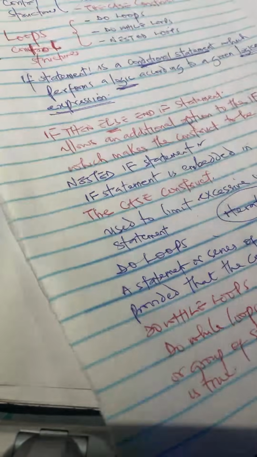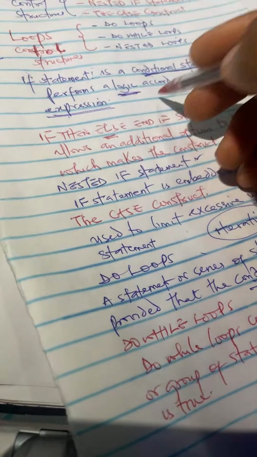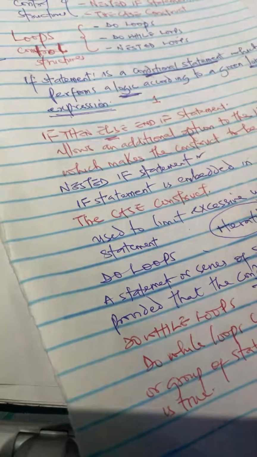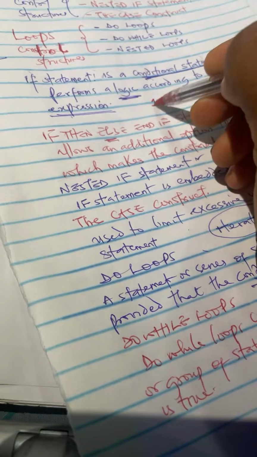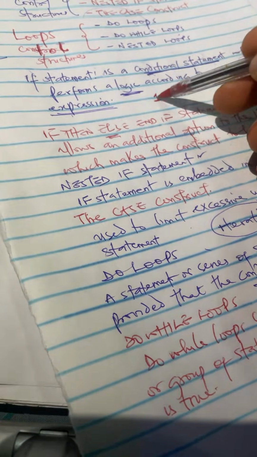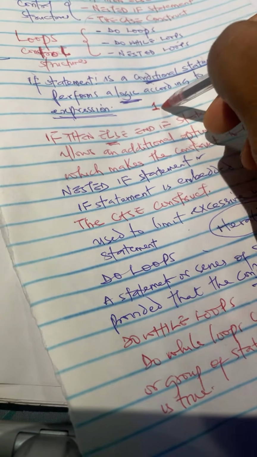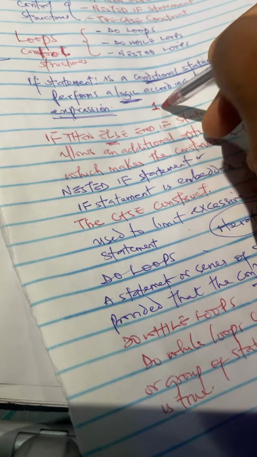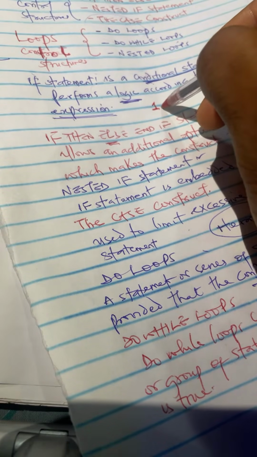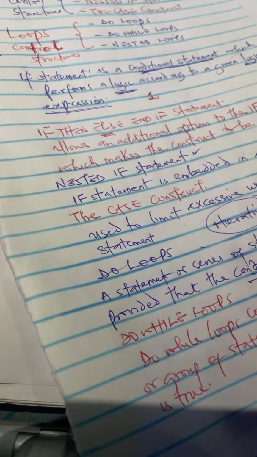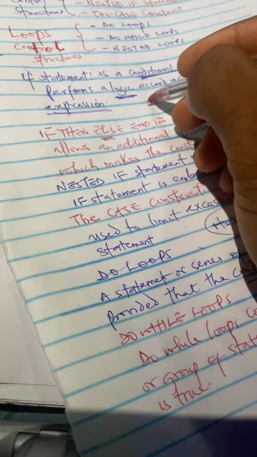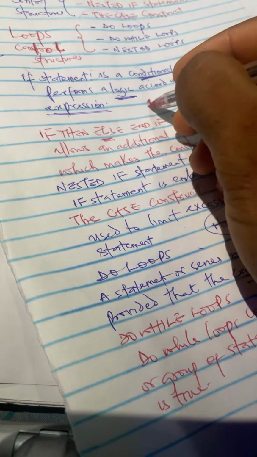Because it's just like you want to execute one statement, you execute it to the end. At the beginning of the first statement that you want to execute, you realize that the condition is true. What will happen? It will continue till it ends, even if along the line the condition is no longer true, that particular statement will run till the end.